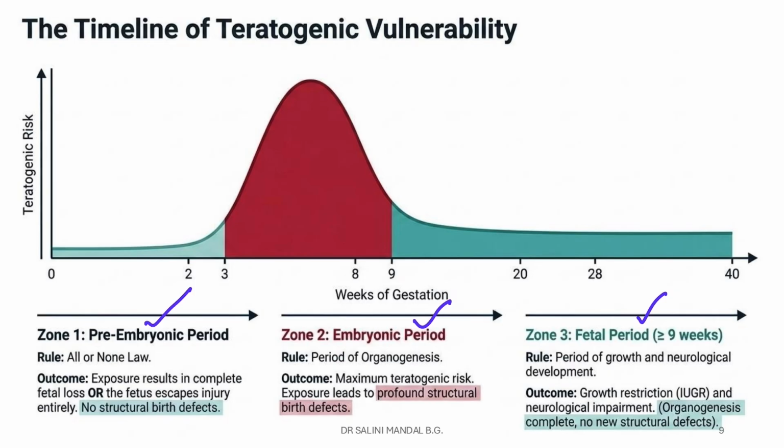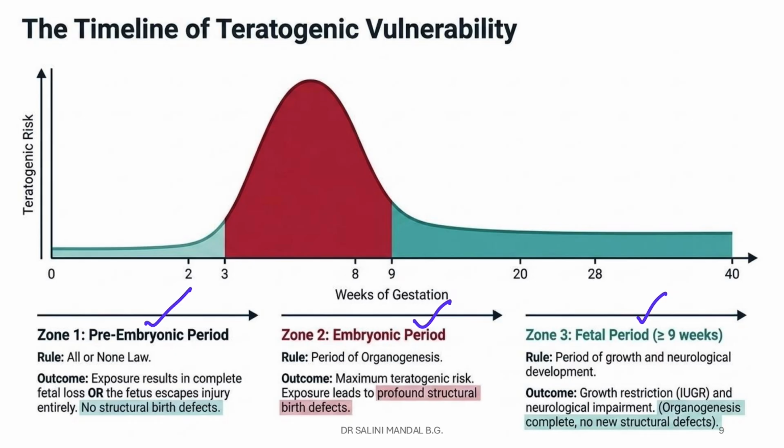But when we talk about a fetal period, that is after 9 weeks, organogenesis is already over. So growth and neurological development is going to occur in this period. If there is any adverse effect, it is not a structural defect. It is going to be a growth restriction or any kind of neurological impairment in the baby.